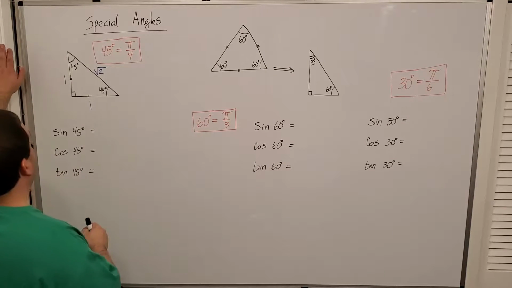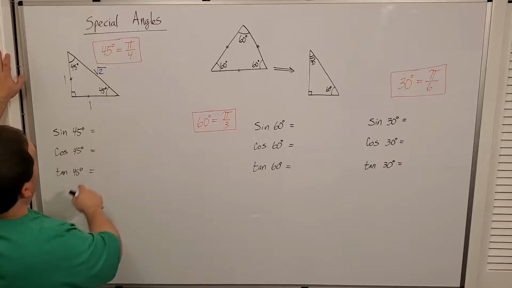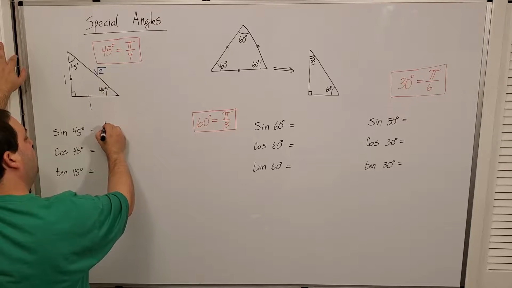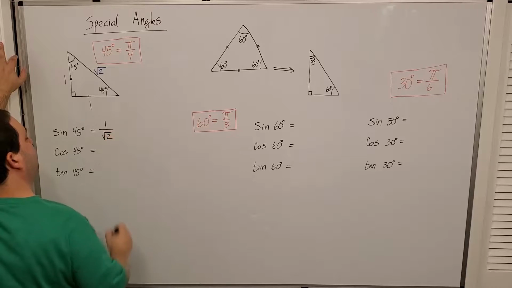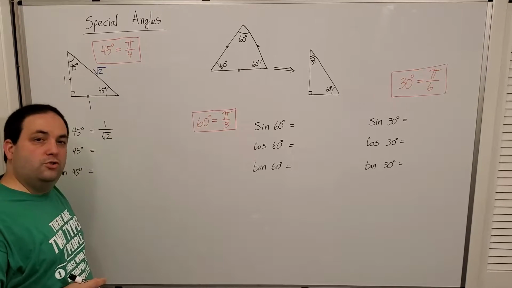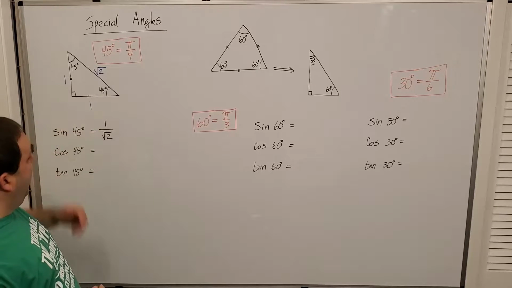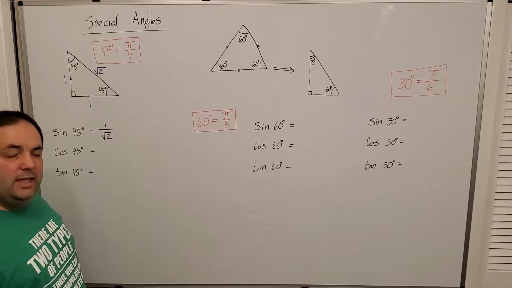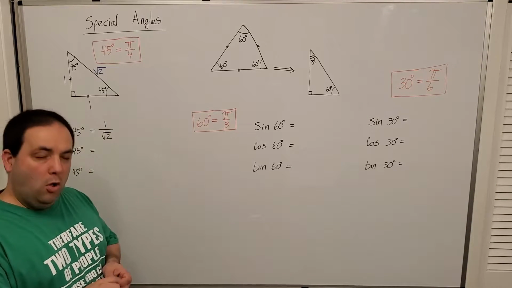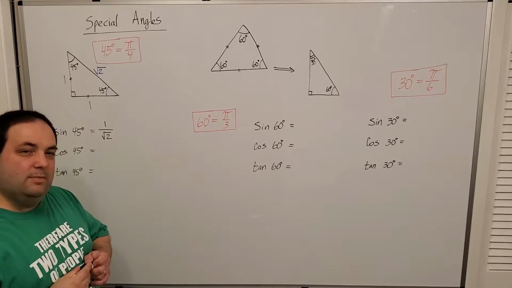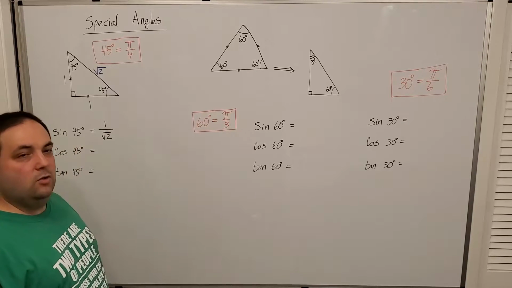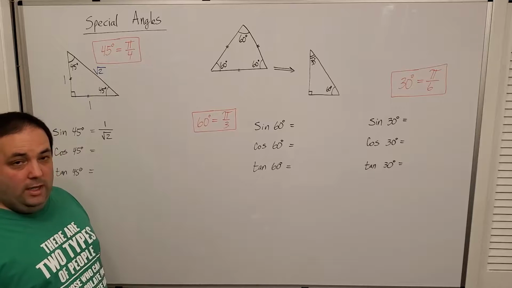All right, so sine of 45 degrees would be the opposite over the hypotenuse, which is going to be 1 over square root of 2. Now, of course, in a lot of places, people aren't going to want you to write something that has a radical in a denominator. And that's really going to be up to whoever your professor is and how picky they want to be on things. But also keep in mind that sometimes you need to combine fractions with other things, and having a radical denominator may not be the best anyway.